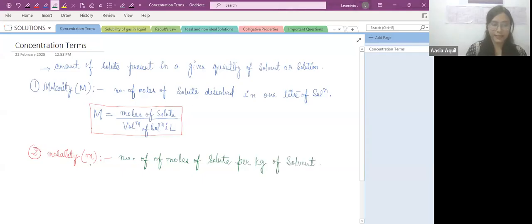And it is expressed as small m, just take moles of solute in the numerator and divide it by mass of solvent in kg, right?